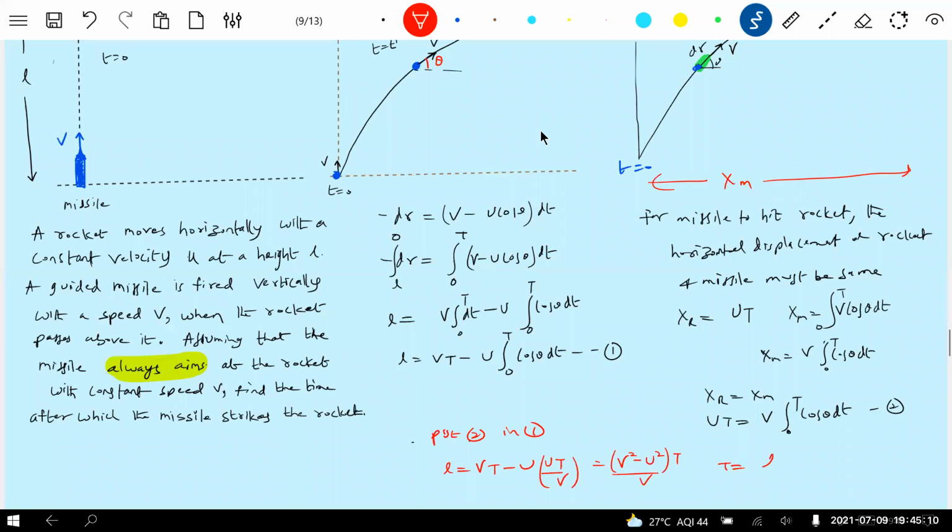So the time is equal to Lv by (v square minus u square). What is the basic necessity condition? V must be greater than u, no? Then only it is possible. Time should be positive.